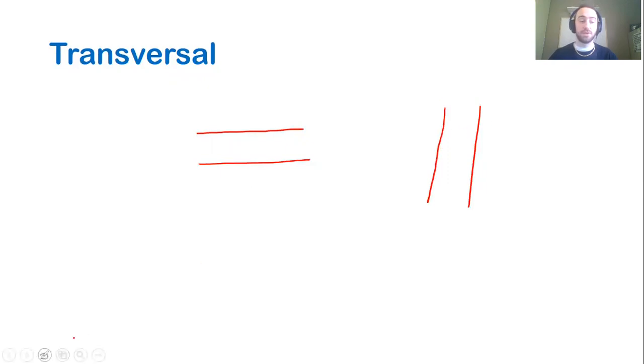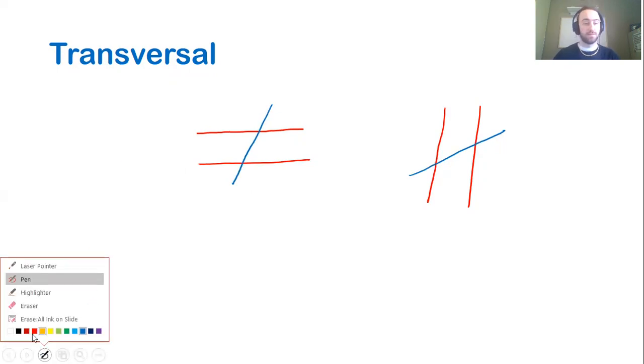A transversal is a line that intersects 2 parallel lines. So right here in our blue is a transversal because it intersects our 2 parallel lines. Likewise over here, we could have a transversal that cuts through the lines like this. So it's any line that cuts through 2 parallel lines. That's what a transversal is.